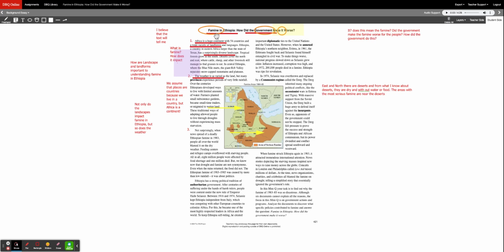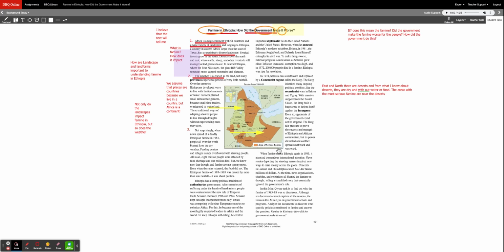So, famine in Ethiopia. From reading these very first sentences, I know that Ethiopia is a country in Africa with a diverse landscape, including desert. I know from the graph that the areas of desert in the north and the east were areas of serious famine.